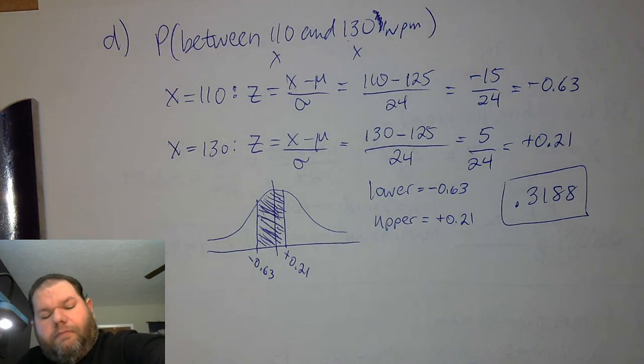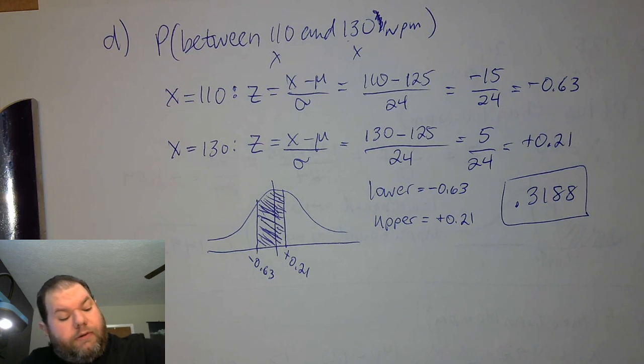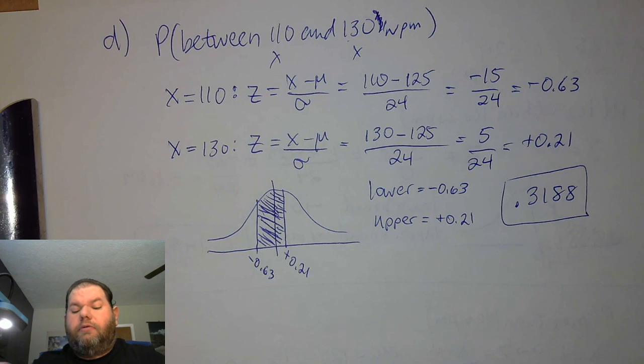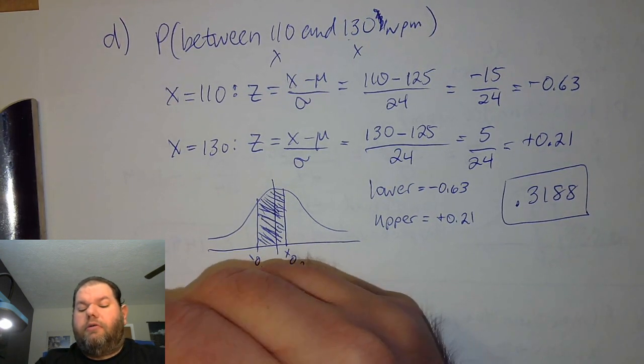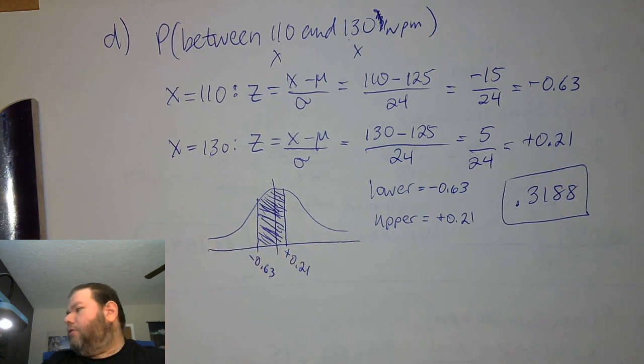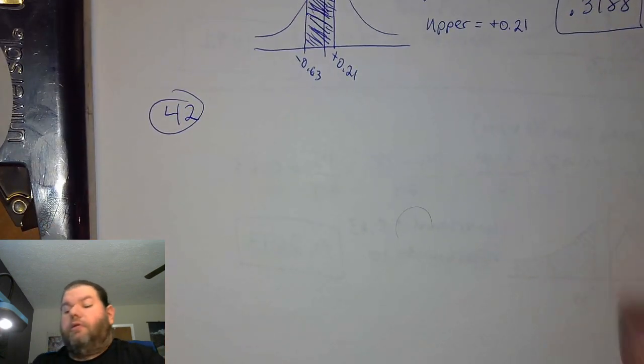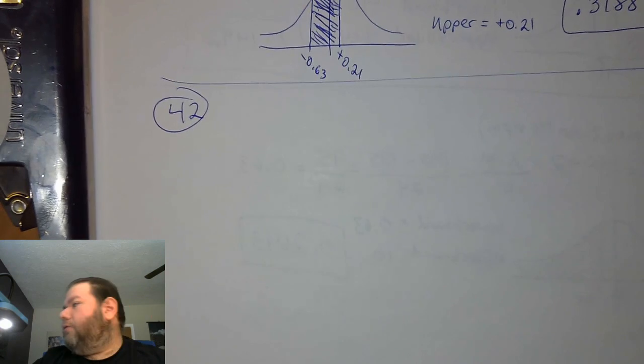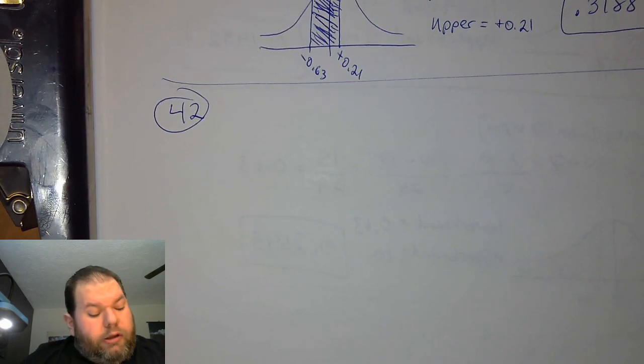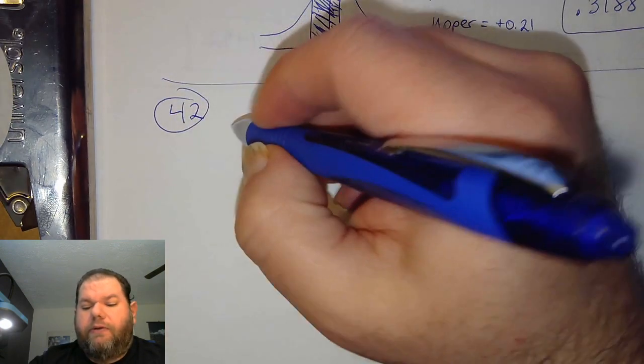Okay, so let's do problem 42, and I'll use the 83 for 42. General Electric manufactures a decorative, crystal clear 60-watt light bulb that it advertises will last 1,500 hours.